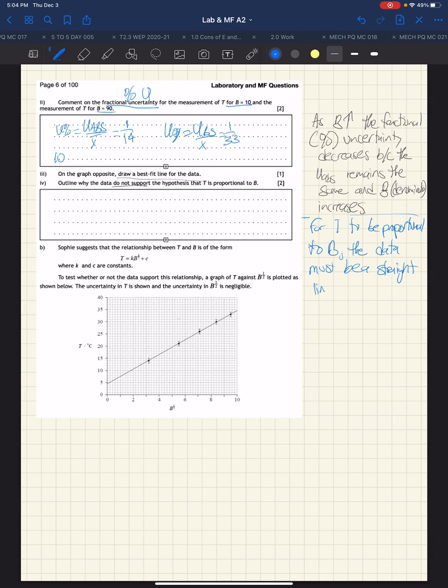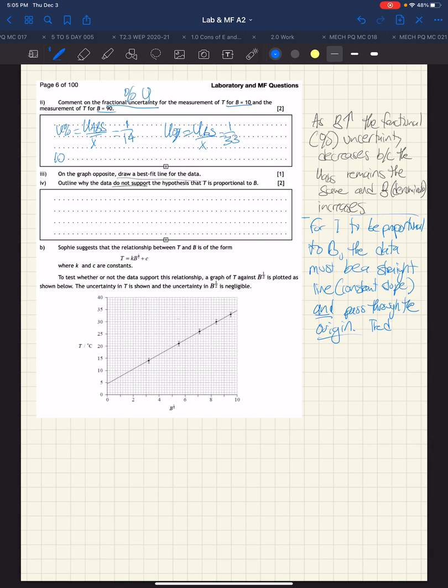And what makes a line straight is constant slope. You know me, I like these parenthetical expressions that are more specific about the graph. It must be a straight line, in other words, constant slope, and pass through the origin. So that's the principle. That's the criterion by which we would judge this. This is the physics principle.